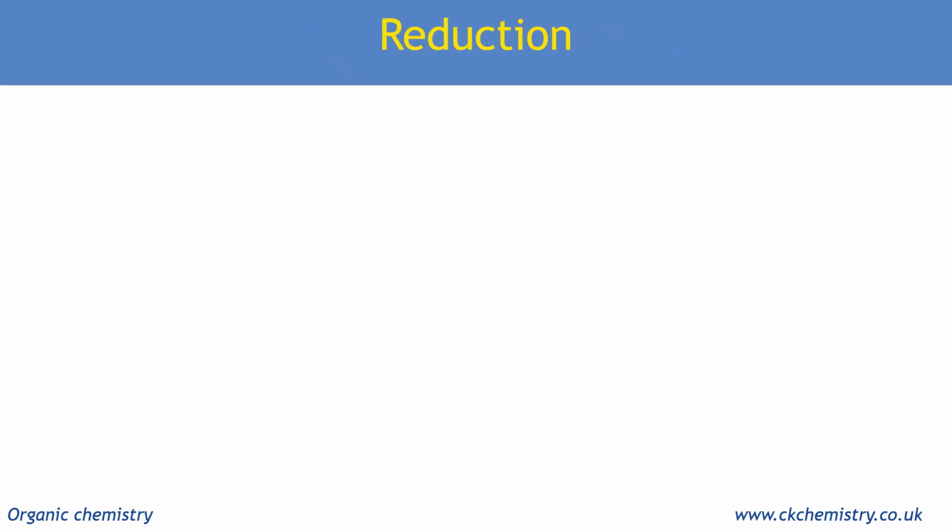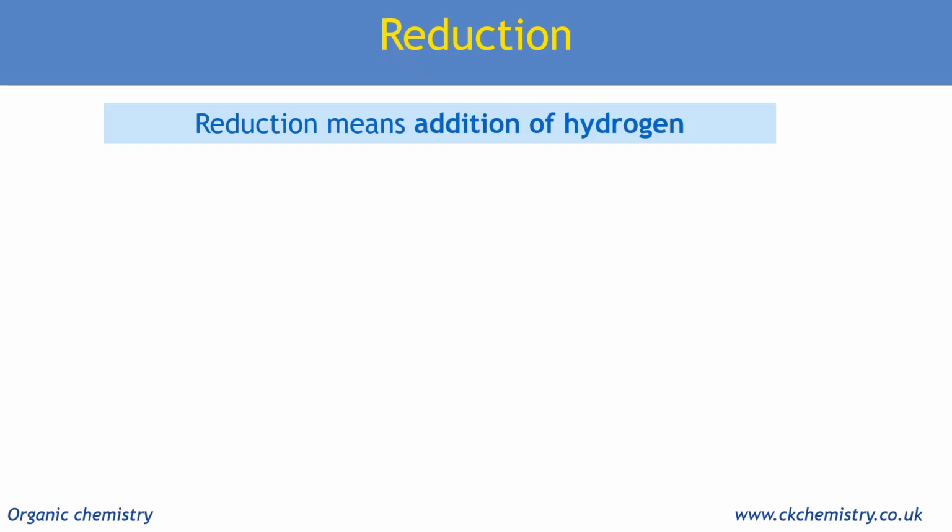So let's look at reduction. Be really careful because obviously we do loads of redox with inorganic chemistry and we really focus on electrons. But in organic chemistry, oxidation is removing hydrogen or adding oxygen, and reduction means addition of hydrogen, not H+. H+ is involved in the mechanism, but if you just add H+ to something, you're not reducing it.